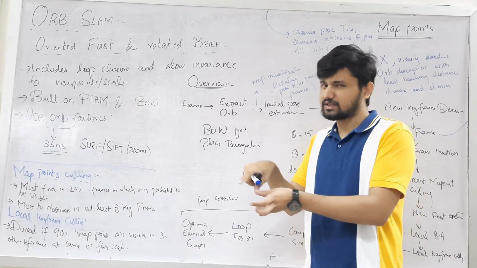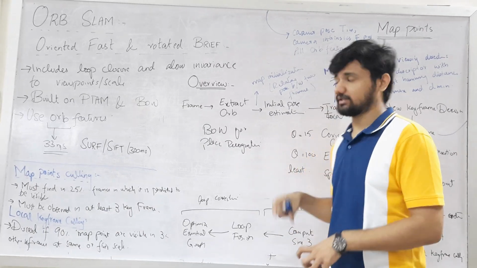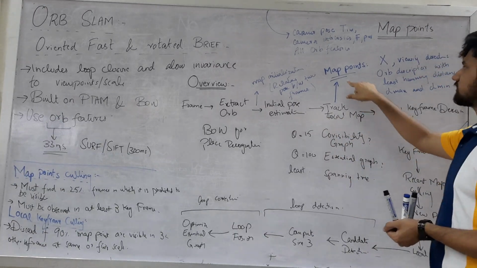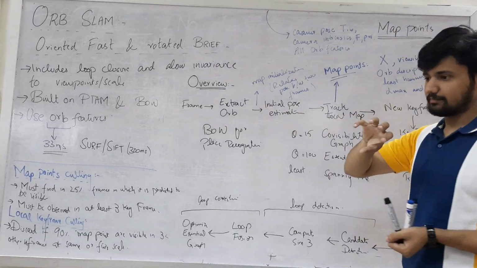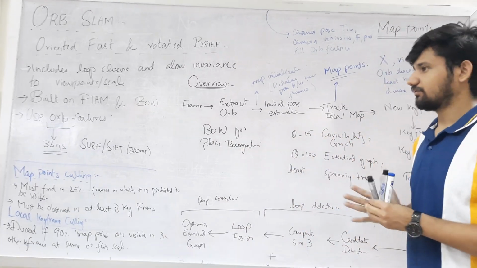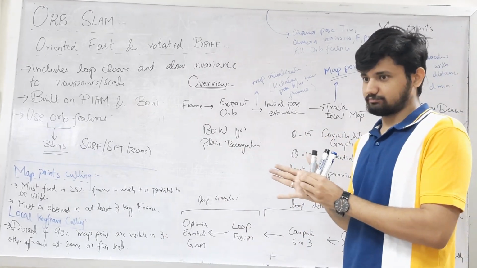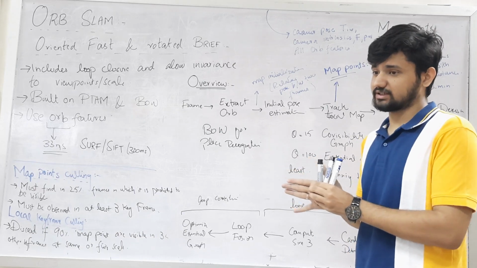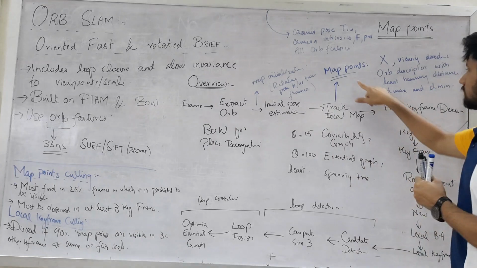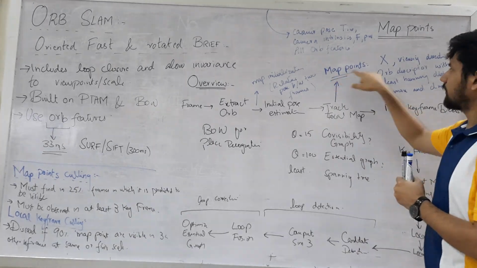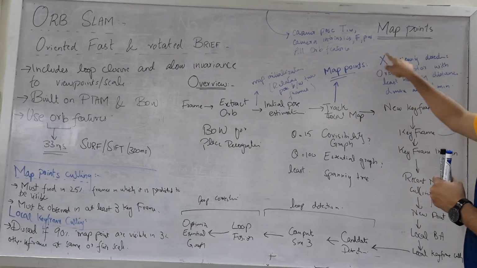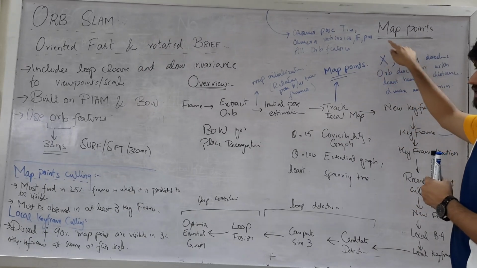The local map is the map of the area it has recently seen, and here it starts making map points around the region. Map points are where ORB SLAM has extracted features, and in this case, obviously, all features. So what does a map point possess in ORB SLAM? A map point has its 3D coordinates.